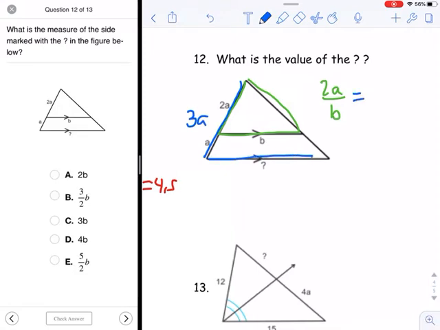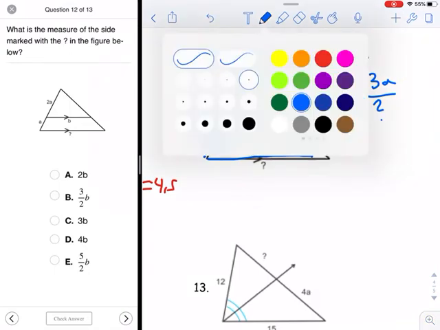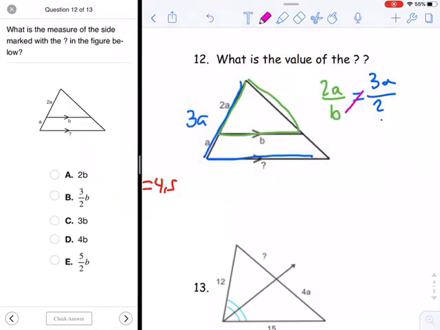So this is a very abstract problem. But really, if you can peel back and just treat the letters like numbers, you're going to be in good shape. Cross multiply, we're going to get 2A question mark equals 3AB.